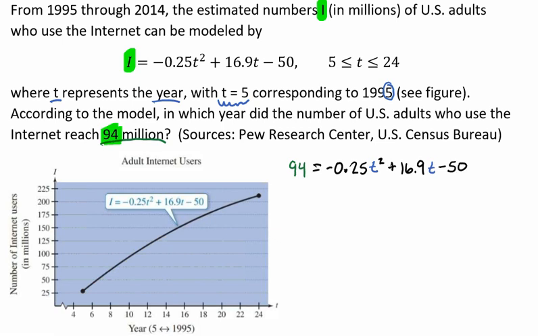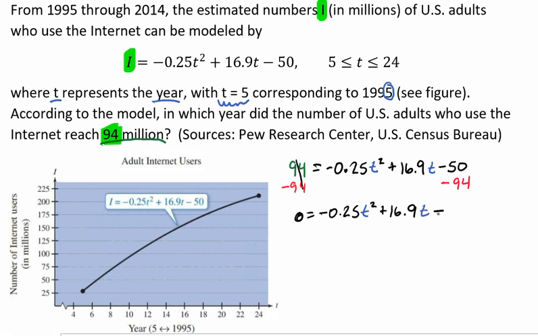To begin solving it, we're going to write this in general form, which means that we need to move the 94 over. So now we have 0 equals negative 0.25 t squared plus 16.9 t minus 144.